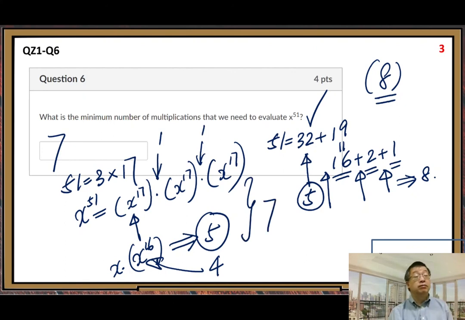Can we do better? If we mix repeated squaring with repeated cubing, then we get a better solution. So that's the best solution for this question. All right, let's finish part 2 of quiz 1, question explanation.